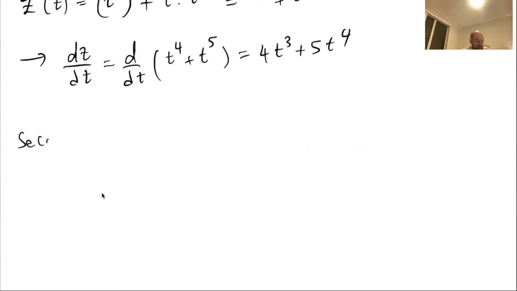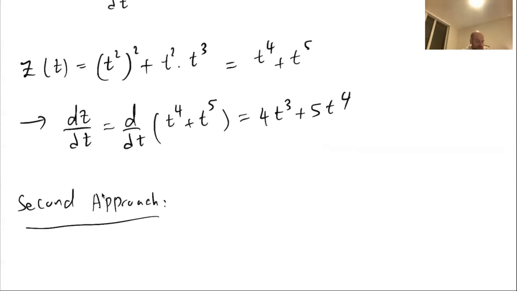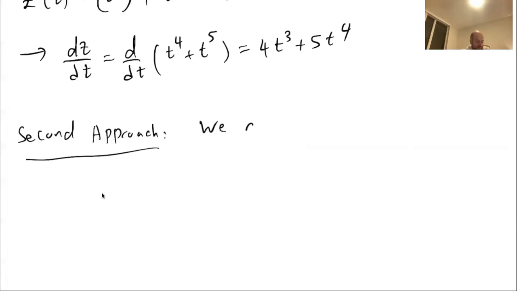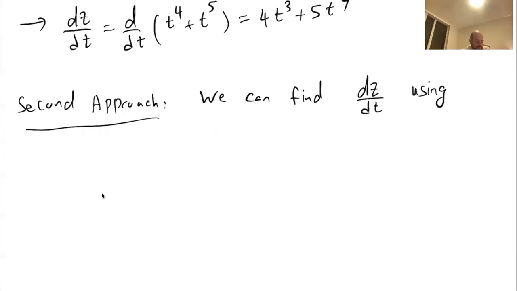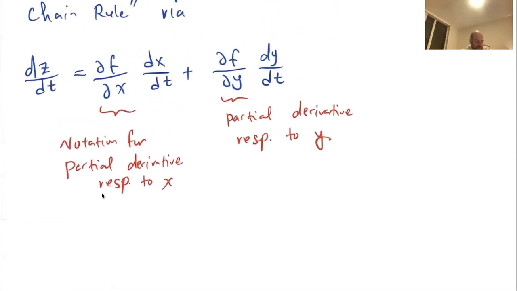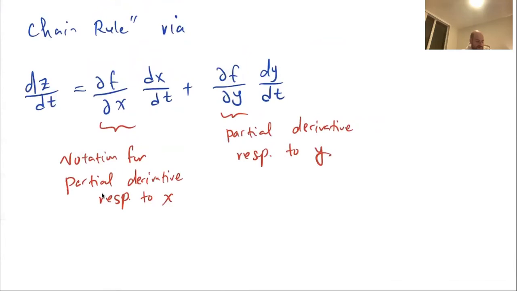Second approach, or solution: we can find dz/dt using this chain rule formula above. Let me call it formula star.